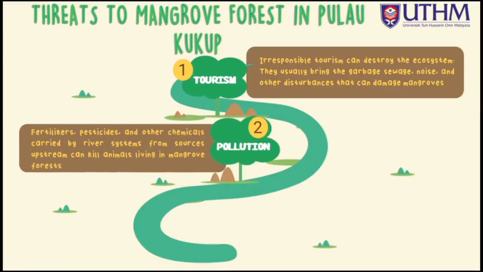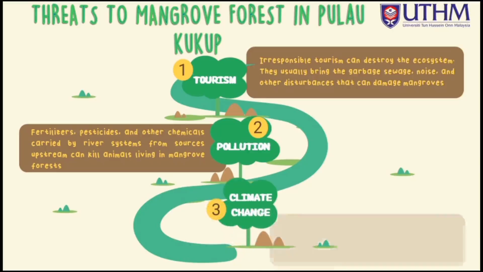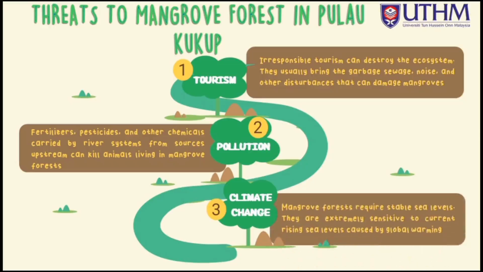Second, pollution. Fertilizer, pesticide, and other chemicals carried by river systems from sources upstream can kill animals living in the mangrove forest. Third, climate change. Mangrove forests require a stable sea level. They are extremely sensitive to the current rising sea level caused by global warming.